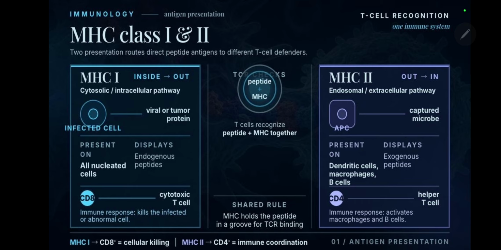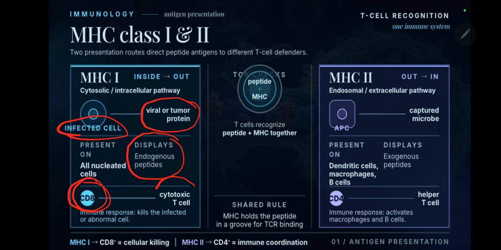When MHC class 1 is presented on all nucleated cells, like a viral protein infected cell, this infected cell directly presents this viral or tumor protein as an endogenous peptide to the CD8 cell. The viral or tumor protein inside the infected cell is made into an endogenous peptide and presented to the CD8 cell, and this CD8 cytotoxic cell kills the infected cell.